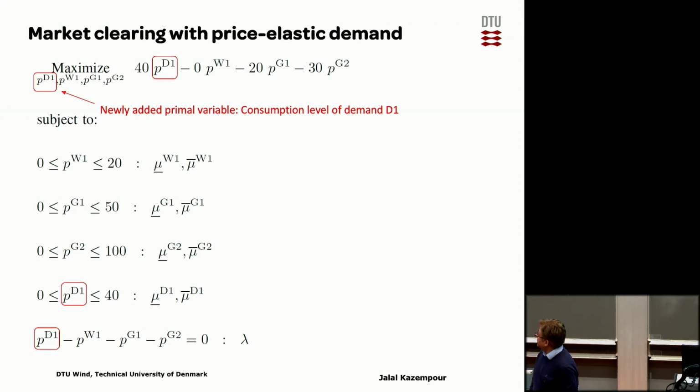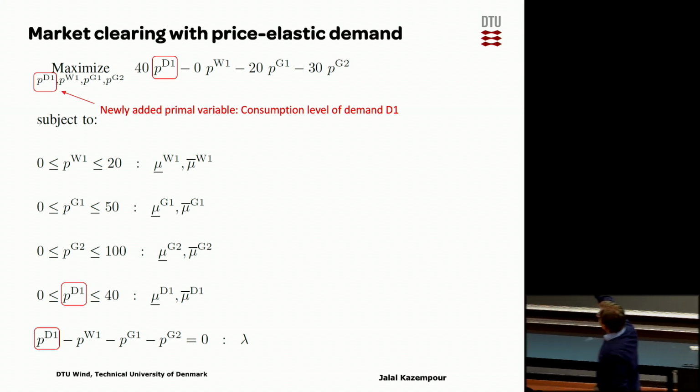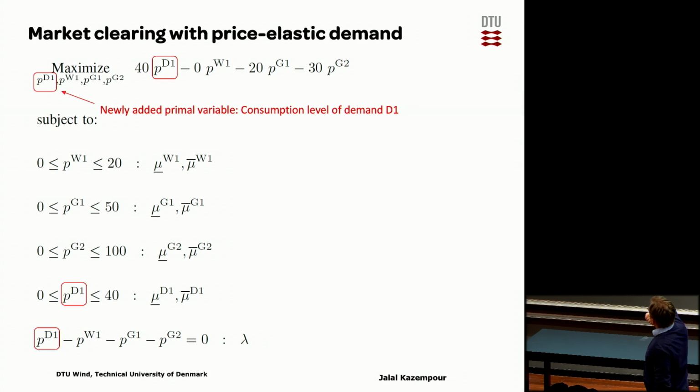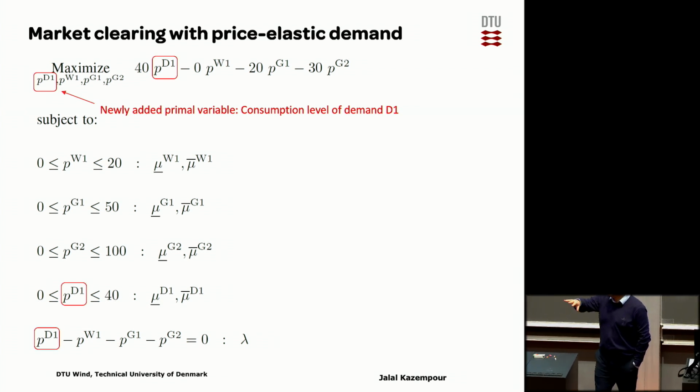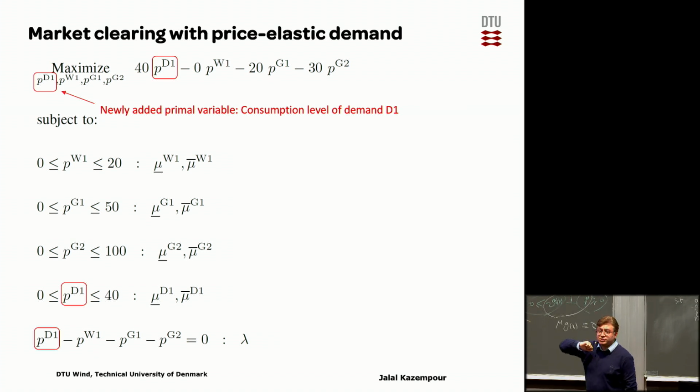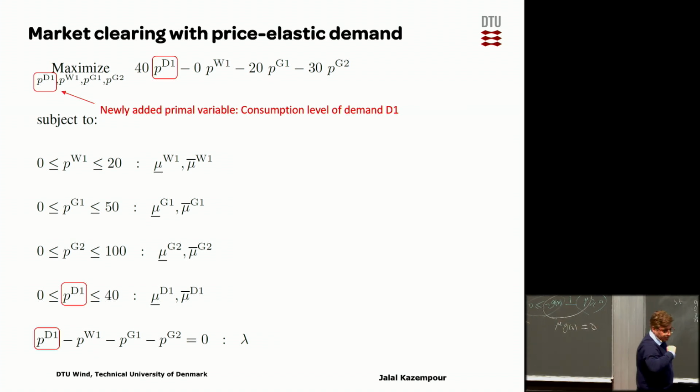Almost the same as before, but the only difference is that now we have a new variable, consumption of D1. We have a new term in the objective function, which is 40 times PD1, which is the area under the demand curve, minus the area under the supply curve. And the objective function now is a maximization.